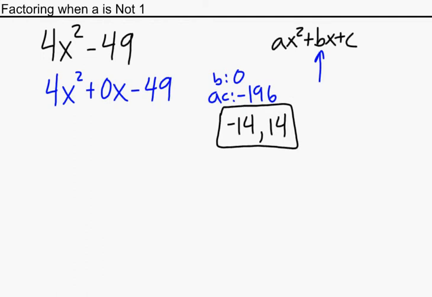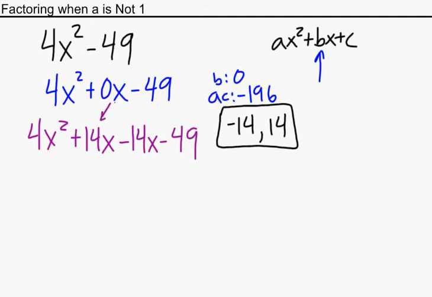So I split the middle term, split the 0x term up, which leaves me with 4x squared as the first part, plus 14x, minus 14x, minus 49. Again, I split it into those 2 different pieces. Didn't change my problem, just changed how it looks. So go through, cut the problem in half, and look at GCF on each piece.